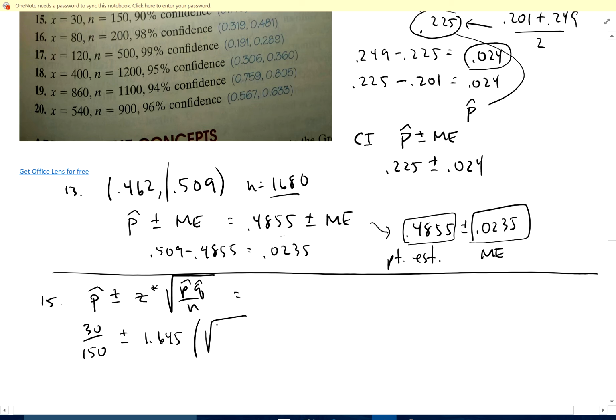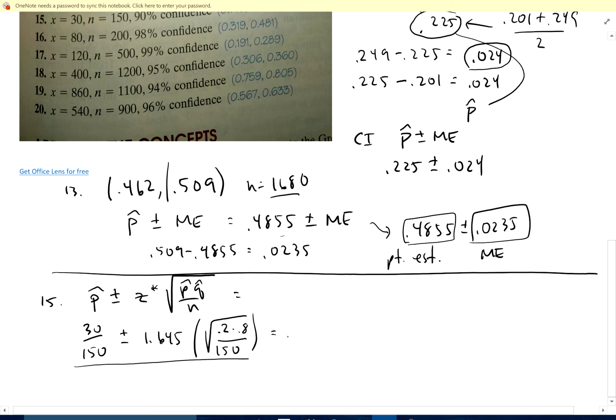Let's do 30 divided by 150. That's 20%, 0.2. Q hat is the complement of that, 0.8 over n, and n is 150. So that's my confidence interval, and I expect you to write them like this on any problem, and then you can just use your calculator to do this.